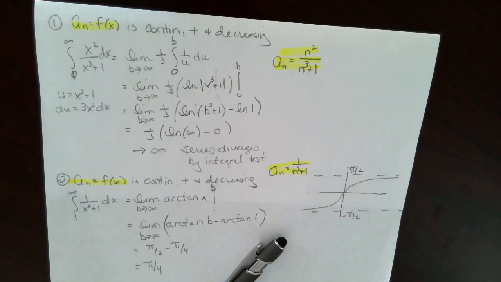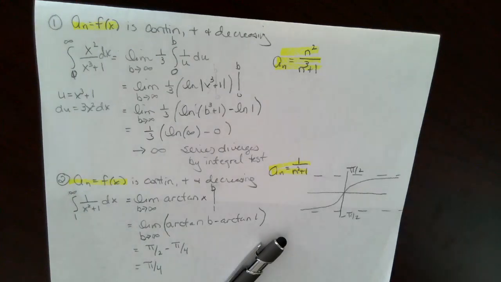So there's going to be a 1/3 on the outside. Wait, no, then we can't plug that in there. We have to do the limit. We have to integrate this as c approaches infinity.